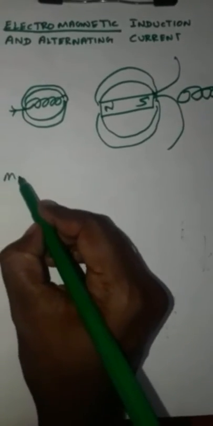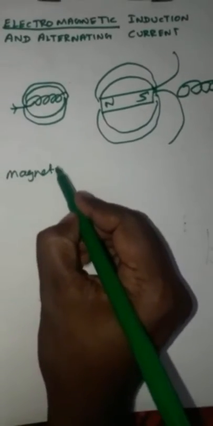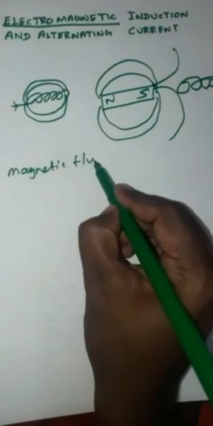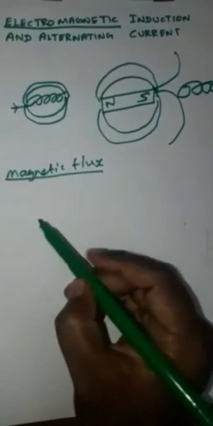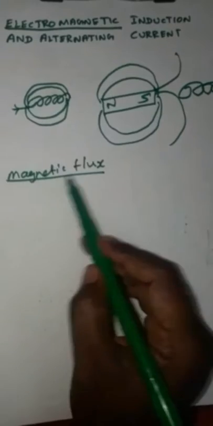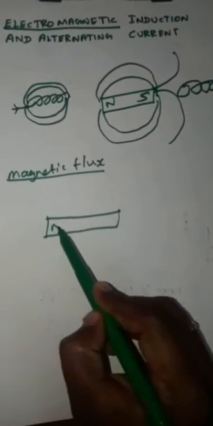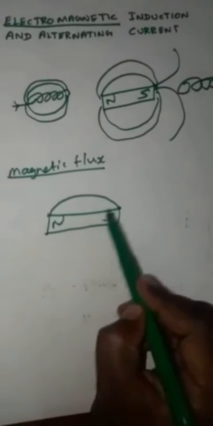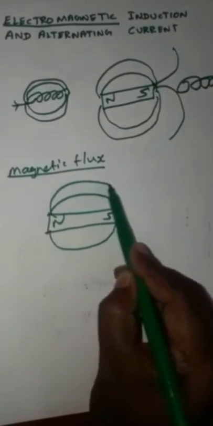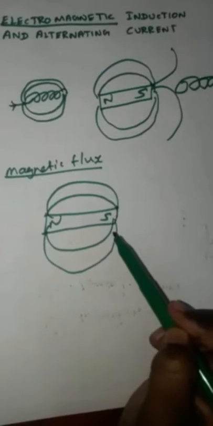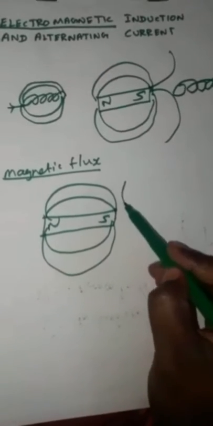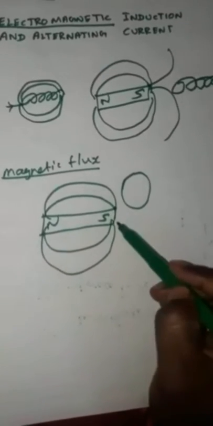Next, magnetic flux. So we know what magnetic flux means. When we take one magnet, it contains magnetic lines of force. We take one unit area in this magnetic field.